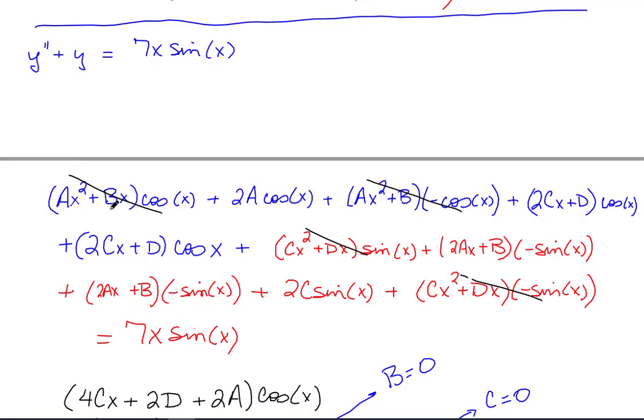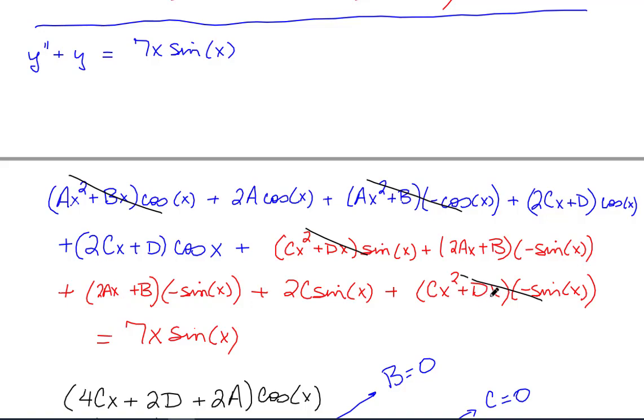This term, the ax squared plus bx, cancels this term because I've got a positive cosine and a negative cosine. And then with the sine terms, this term cancels this piece.